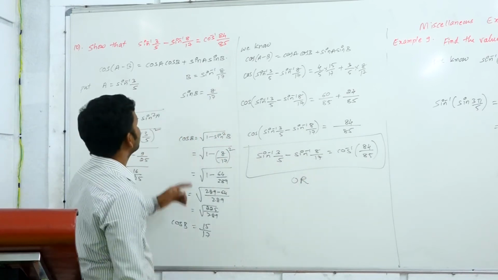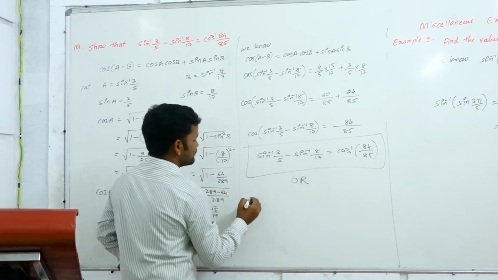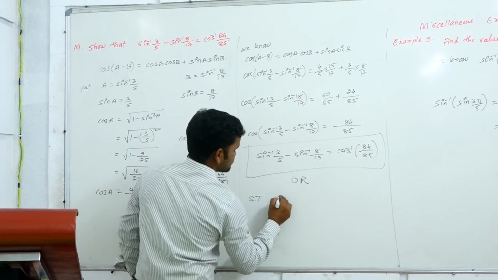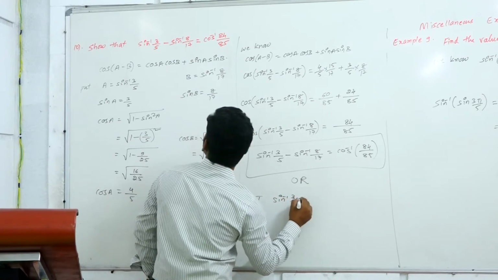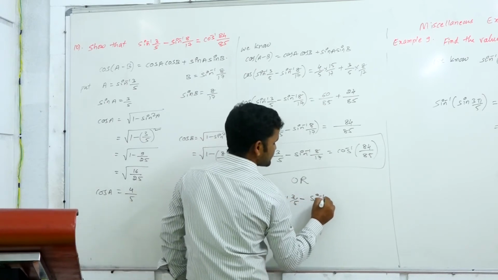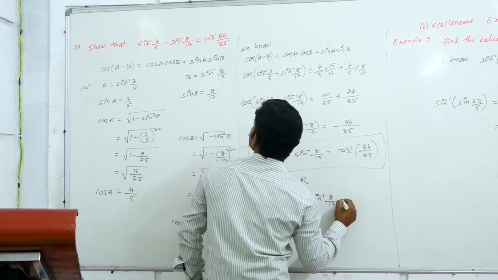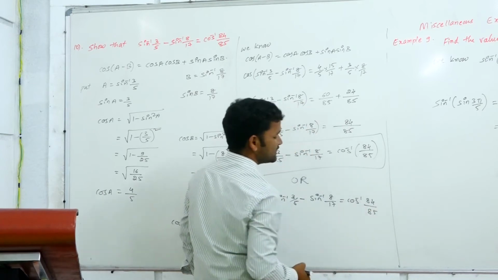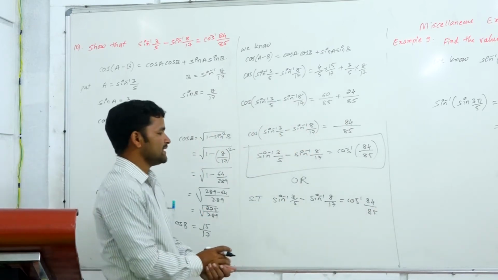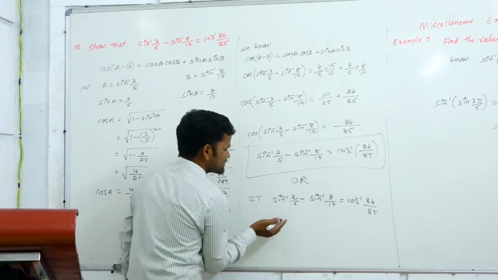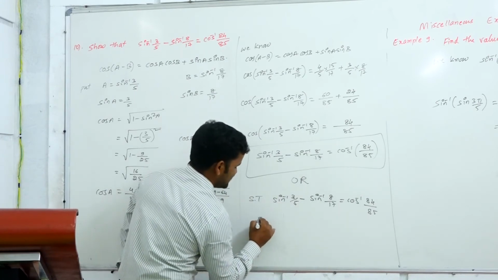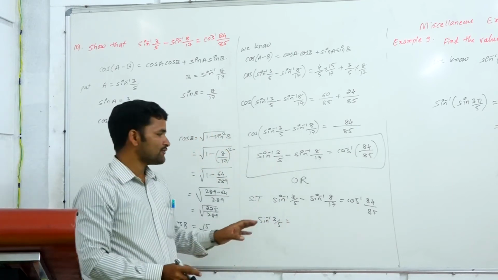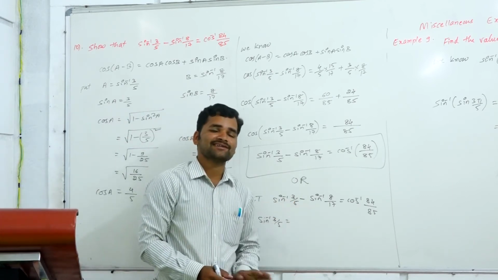Or left hand side, here we are proving that, show that sine inverse of 3 by 5 minus sine inverse of 8 by 17 is equal to cos inverse of 84 by 85. Here what we should do, we will use the formula of tan inverse of x minus tan inverse of y.